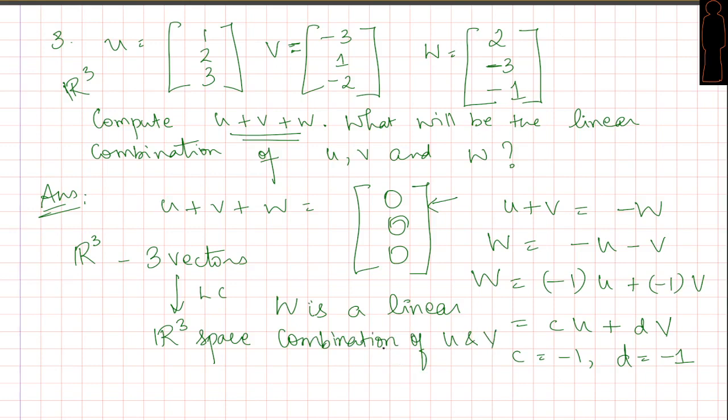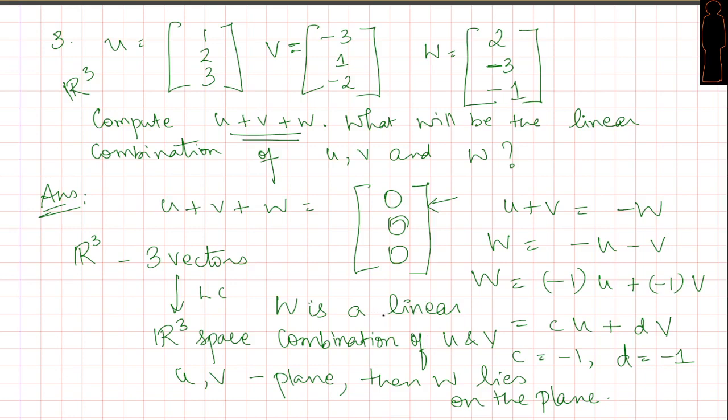Okay, so what does that tell us? If the linear combination of u and v describes a plane, then w lies on the plane. How do we know this? Because when we pick up a linear combination of these two vectors, obviously it is going to lie on the same plane, and that is what we have seen in those pictures earlier.